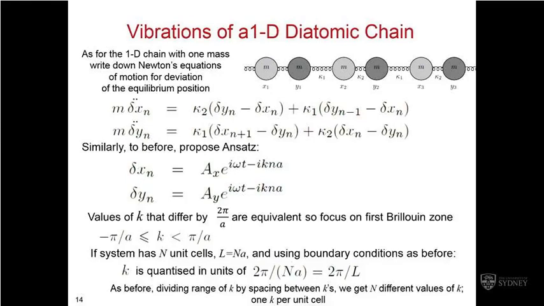So if I'm at position X here, delta Xn, say, I am interacting with Y of n via spring constant K2. And I'm also interacting with Y of n minus 1 via spring constant K1. And the same thing for, say, this one here, interacting with this one and this one.